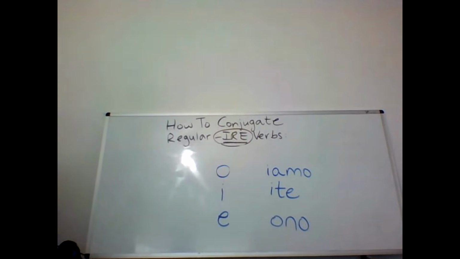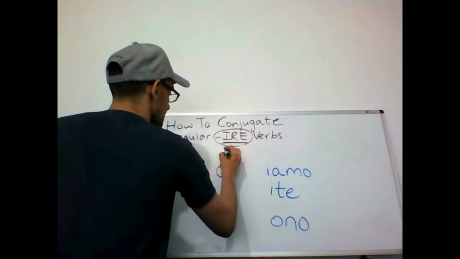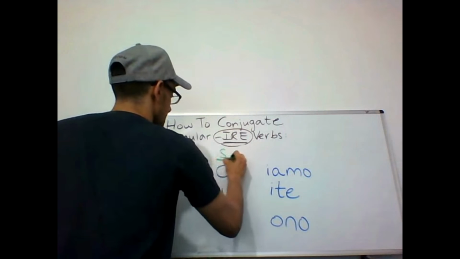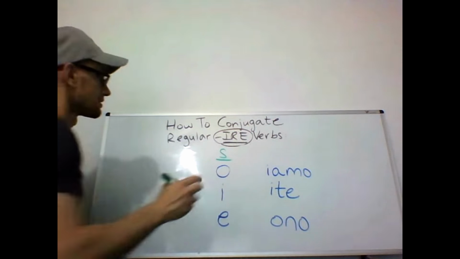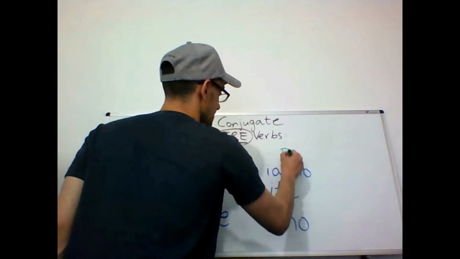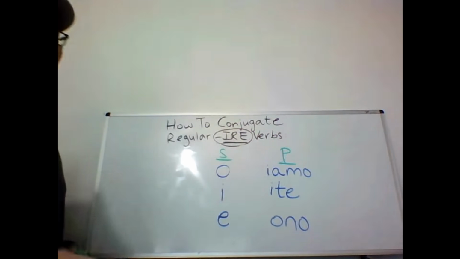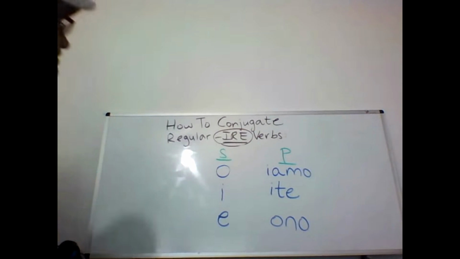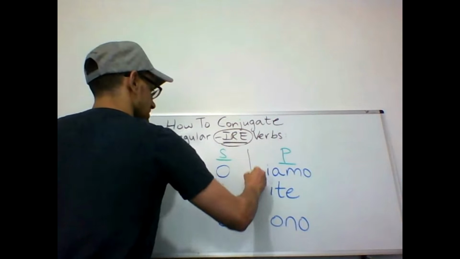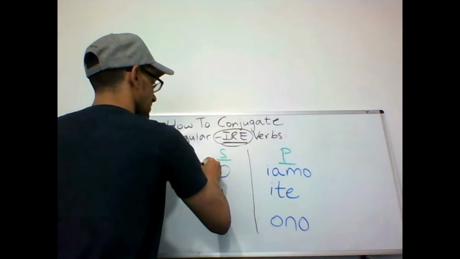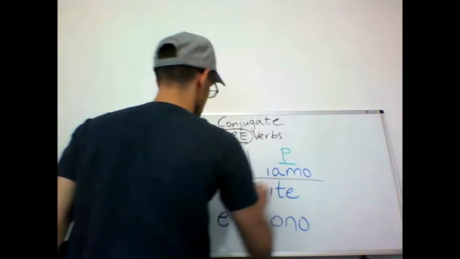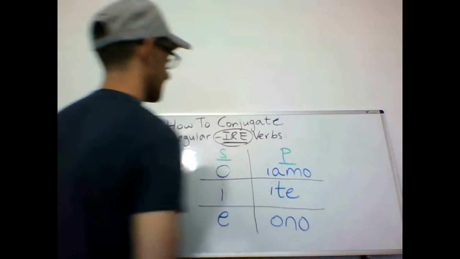Now one very simple thing to remember is that this is the singular side, which is just one, and this is the plural side, which is more than one. And we divide this, put a line here, put a line there.